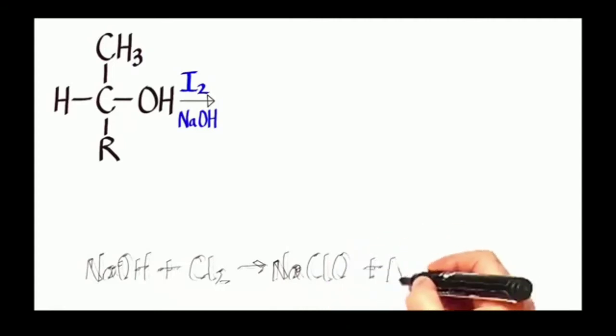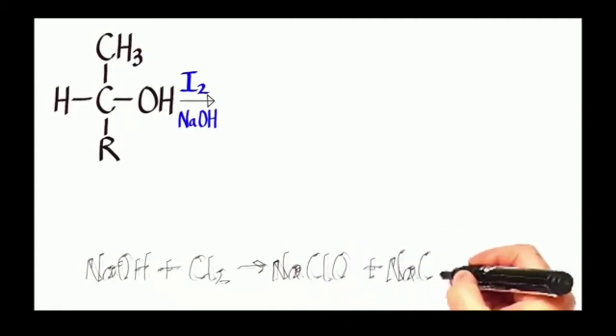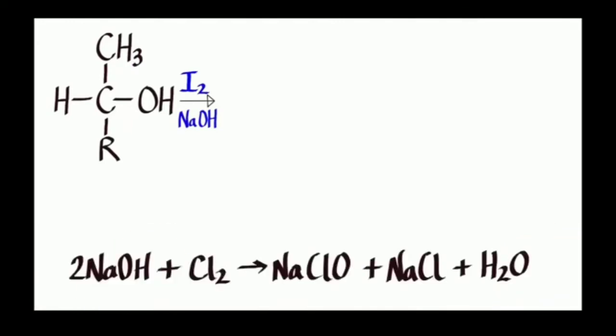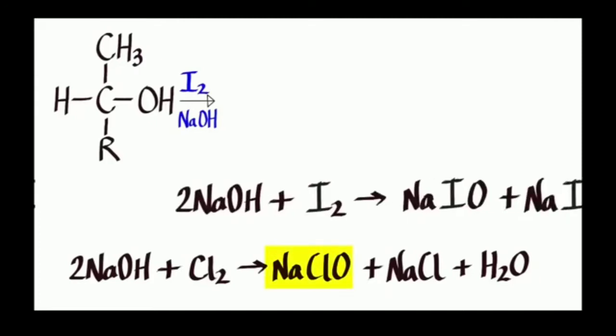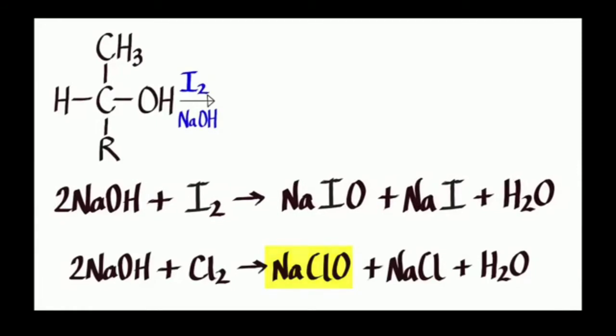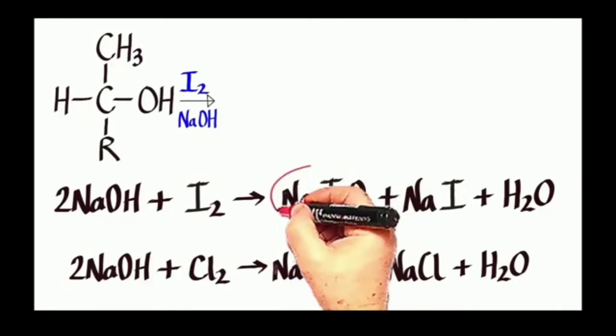First of all, you'll probably be familiar with this reaction at the bottom here, the reaction between chlorine and a cold dilute solution of sodium hydroxide. It forms sodium chlorate(I), also known as sodium hypochlorite, which is an oxidizing agent and is the active ingredient in bleaches.